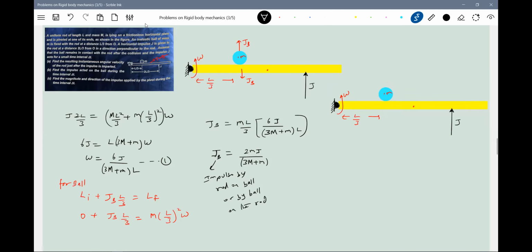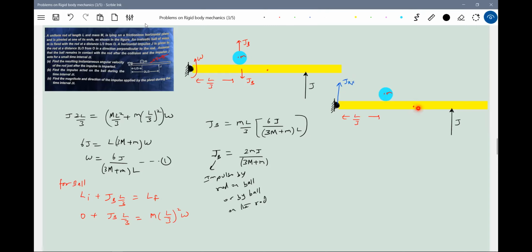Altogether, whenever these impulses come, we take help of this: let the impulse be J dash. JR. I think it was a test, only the impulsive reaction will come along the x-axis.